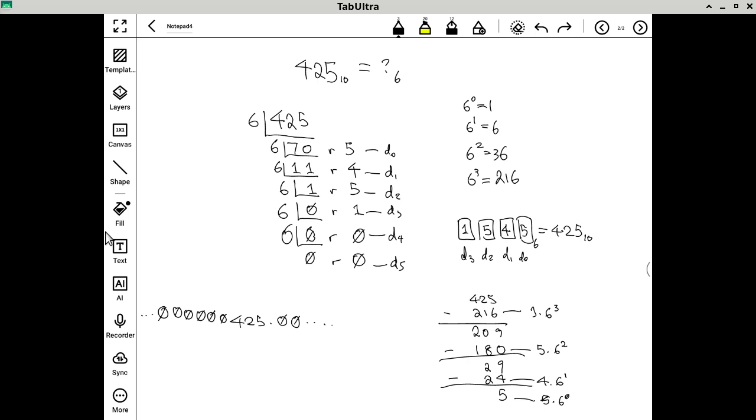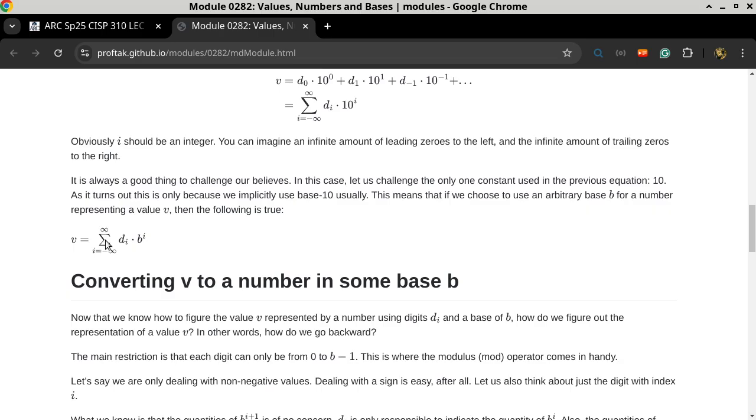And I can append as many zeros as I want to the right-hand side of the decimal point, and it wouldn't change the value being represented. So all of these digits are actually here, but because they're all zeros, I'm just not wasting my time writing them. Does that make sense? So that's why when we look at the sigma, or the summation, it starts from negative infinity. So I is an integer that goes from way negative to way positive.